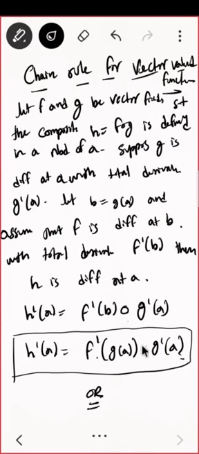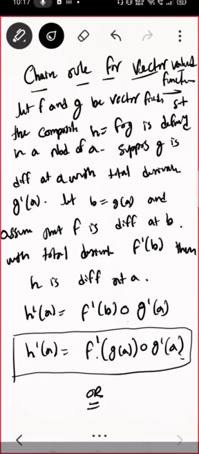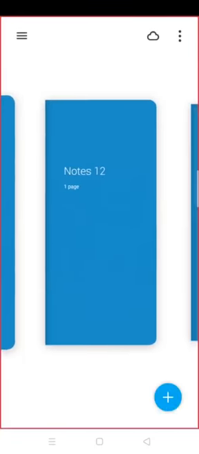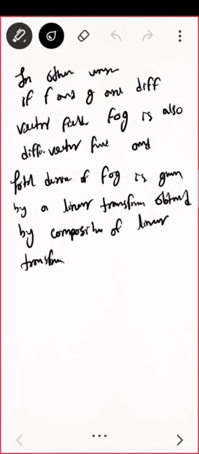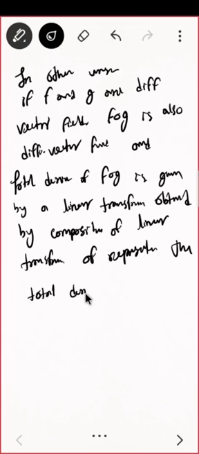This is composition, a composition of the linear transformations representing the total derivatives of F and G. Correct? The proof is not in the syllabus.